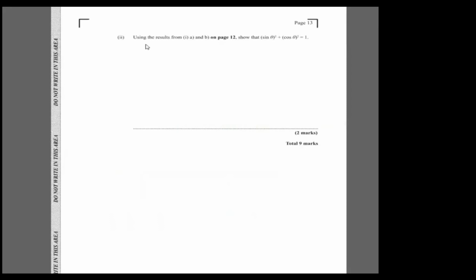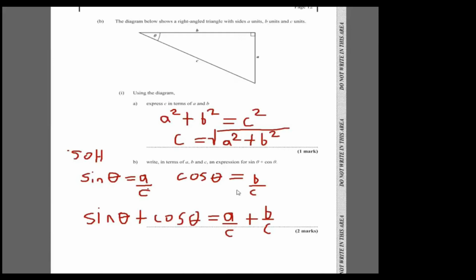Now it says, using the results from 1A and B, show that sine theta squared plus cos theta squared equals 1. So using this result and this result, show that sine theta all squared plus cos theta all squared is equal to 1.